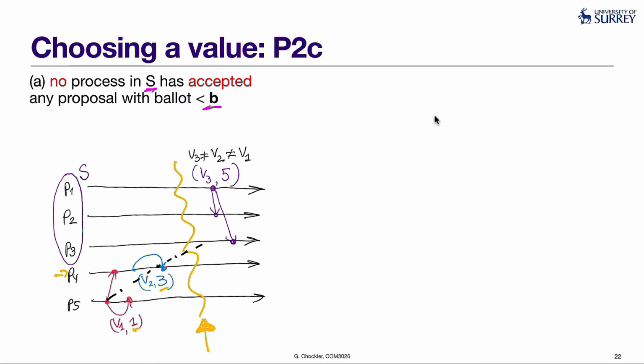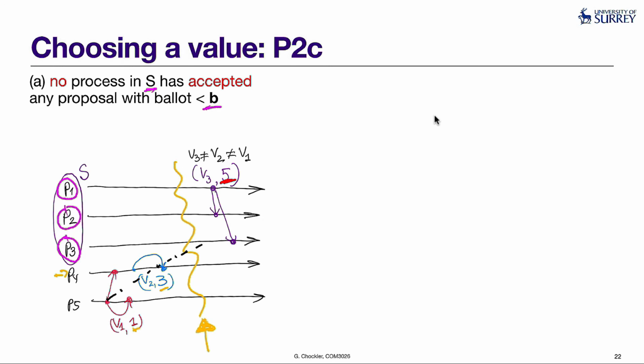Okay, so in this case, a leader that sees, say, the quorum S, which is just P1, P2, and P3, will not have any proposal with the ballot less than its own ballot. So let's say we are talking here about ballot 5.